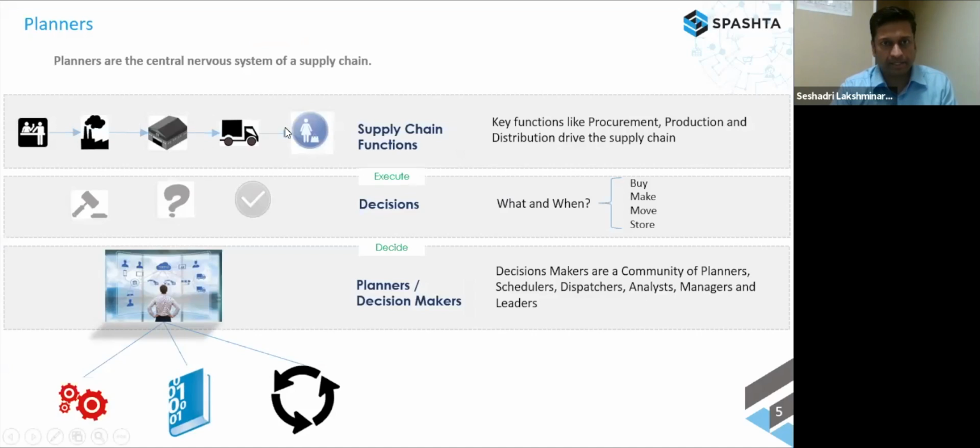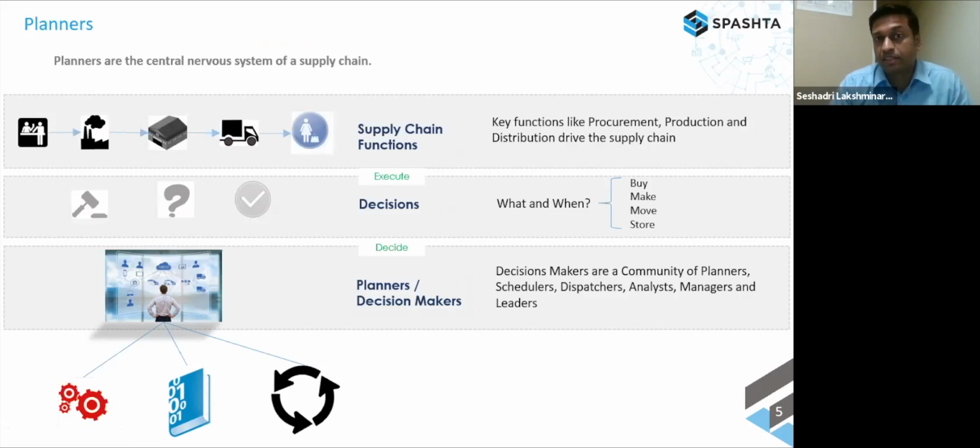In each step, like I said, there are planning decisions taken, and different types of planning. A procurement plan has its own nature, and there's an emphasis on certain types of things, and a manufacturing plan has its own constraints on planning and scheduling, and a distribution plan, a transportation plan, and a demand plan.